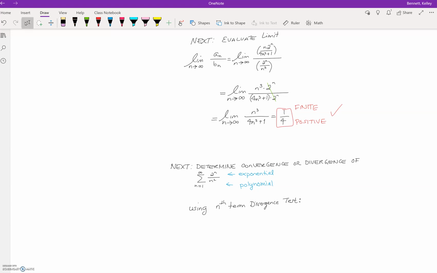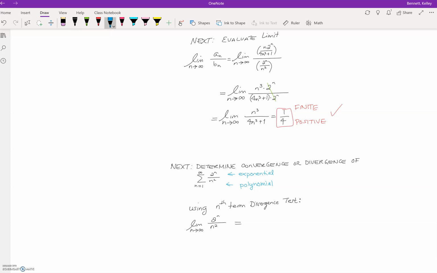So we're going to look at the limit as n goes to infinity of 2 to the n over n squared. And I'm actually going to apply L'Hopital's rule to this. Because exponential always dominates polynomial, I know that this is going to be infinity, but just for grins, let's go ahead and do it.